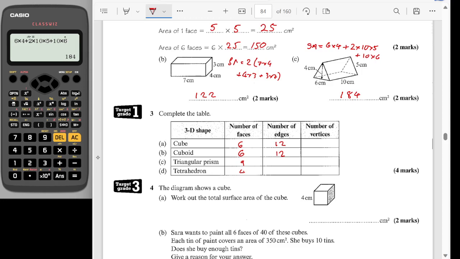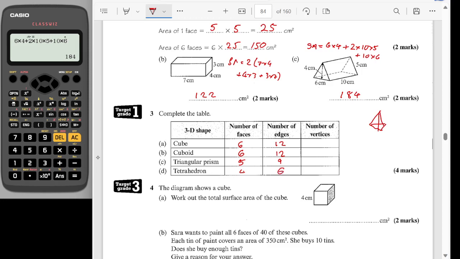I got my two things the wrong way around. The number of edges on a triangular prism are 3, 4, 5, 6, 7, 8, 9. The number of faces is 1, 2, 3, 4, 5. And then for a tetrahedron, we would have 1, 2, 3, 4, 5, 6.